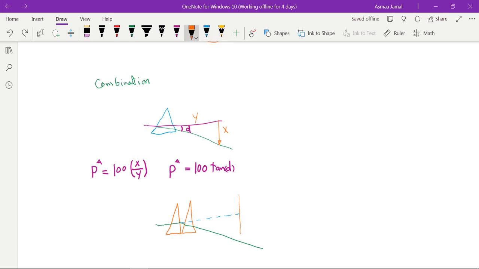To find the whole deviation amount, we will count the deviation of the first prism, which is here, this one, and the deviation by the second prism. So this will give us the total deviation.